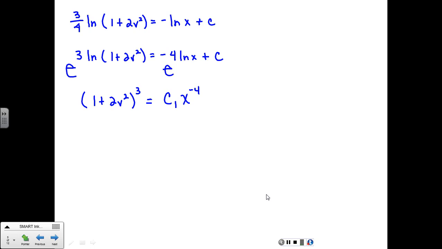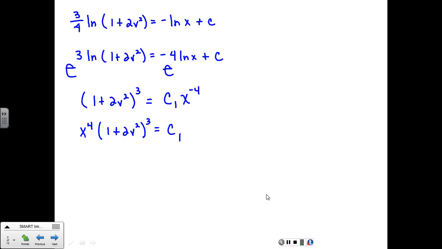E to the c will be your big C with x to the negative 4th power. Multiply both sides by x to the 4th. Okay, now we can do that if y'all don't like that negative exponent there, which I don't like. And I think that might be better than having a 4/3 power in there. It might be a little bit cleaner than what you had.